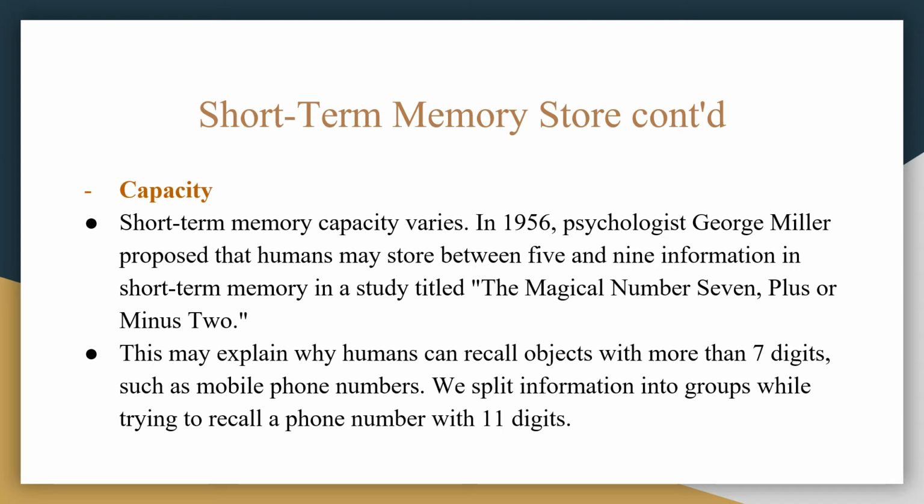This may explain why humans can recall objects with more than 7 digits, such as mobile phone numbers. We split the information into groups while trying to recall a phone number with 11 digits.